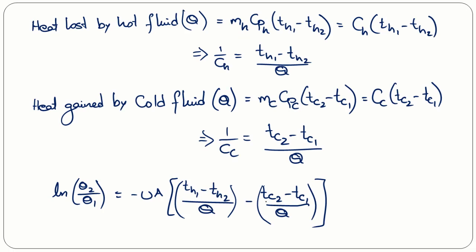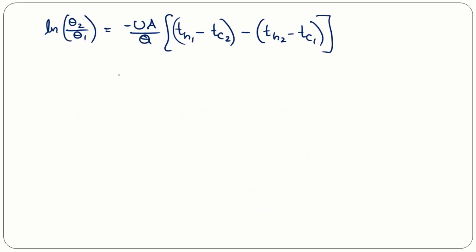So just this minus is taken here. So this becomes minus Tc2 plus Tc1. So upon taking common, Th1 minus Tc2 as one term minus Th2 minus Tc1, we are going to get.